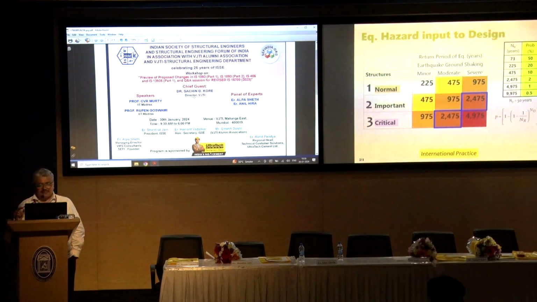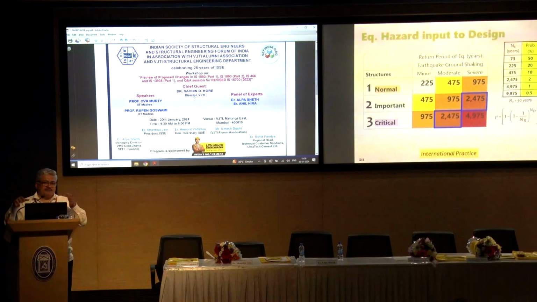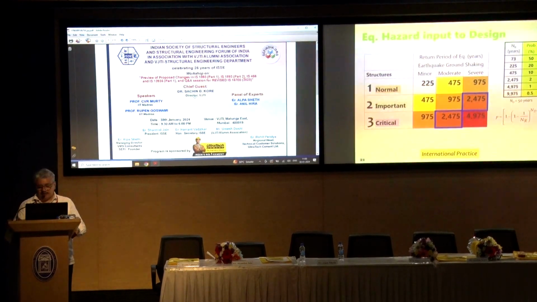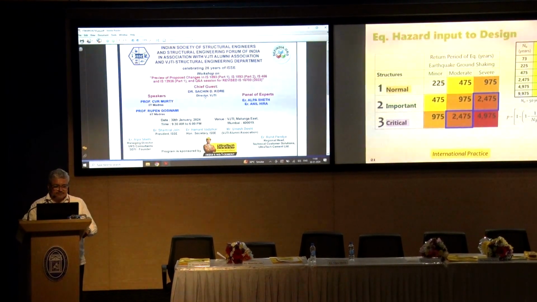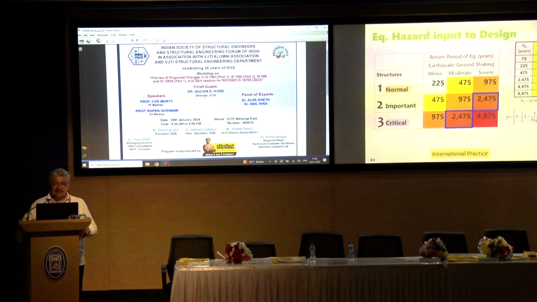If we make that statement, it essentially means we should look at events that have a return period of around 475 years, and so on. So what you see here, these numbers essentially mean that. And these are generally very accepted norms used worldwide. So we are not doing anything new. It is a very standard process in earthquake-based design. So that is how these numbers come in.